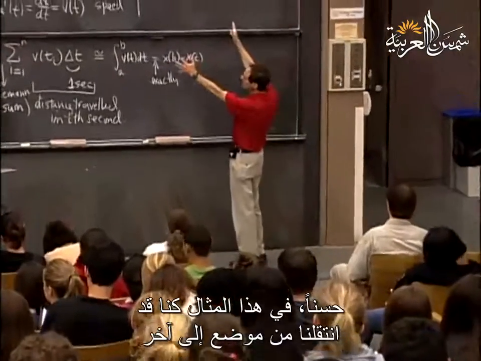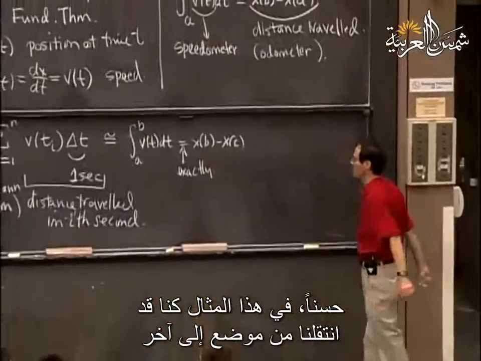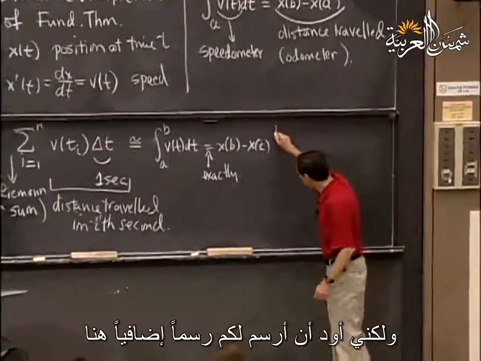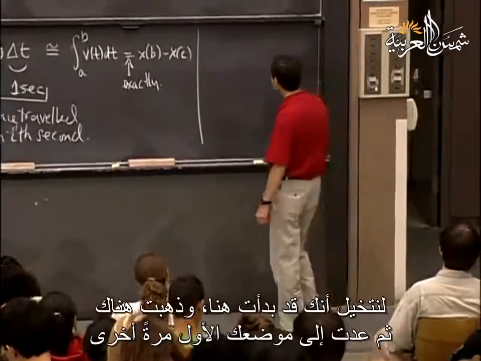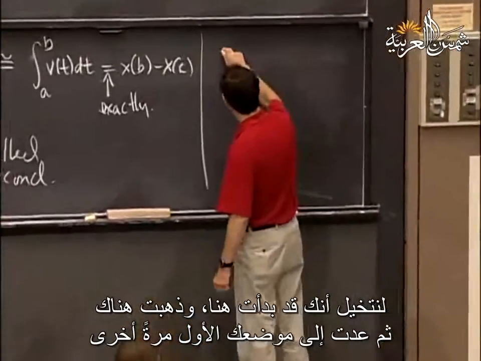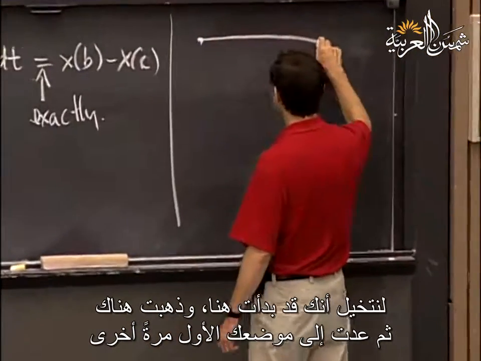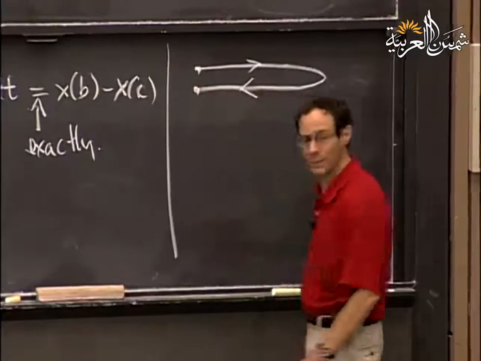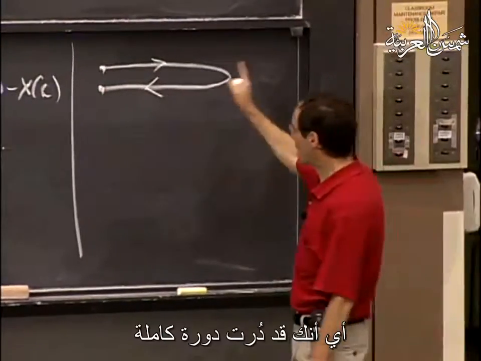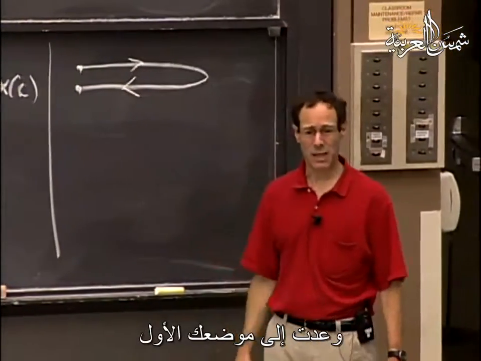So here's this example where we went someplace. But now I just want to draw you an additional picture here. Imagine I start here, and I go over to there, and then I come back. Okay? And maybe even I do a round trip. I come back to the same place.